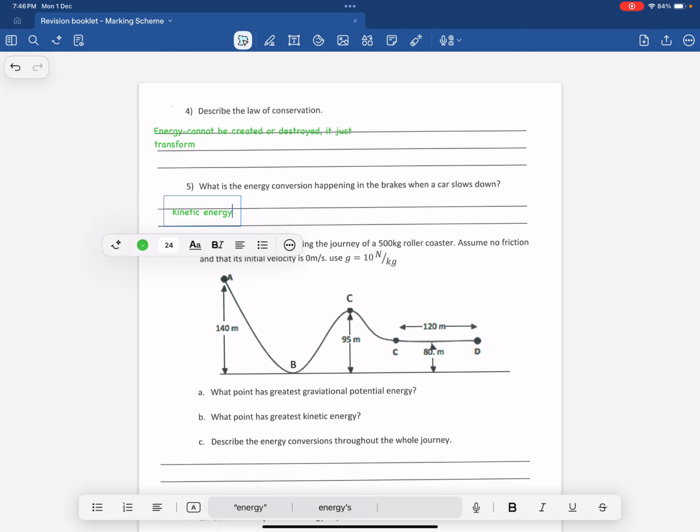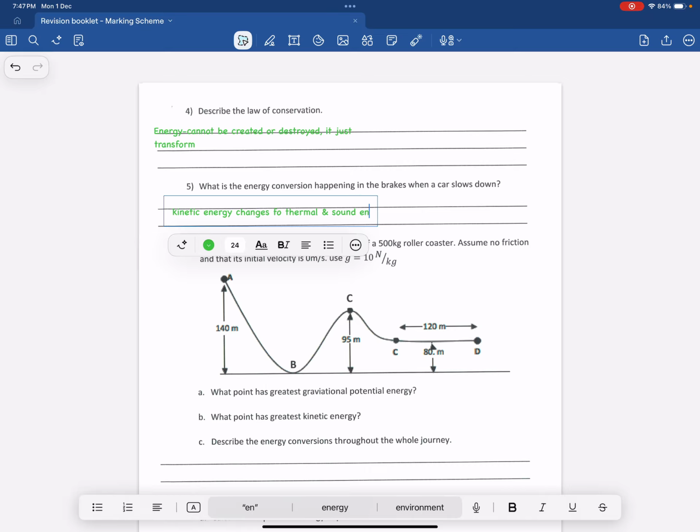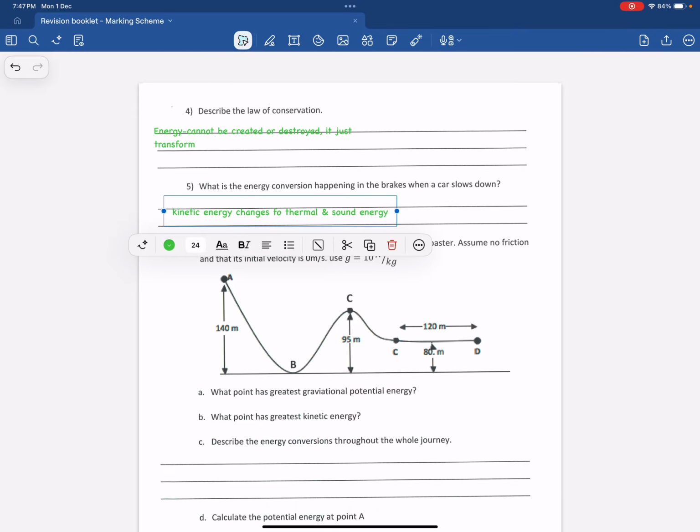Of course, because it's using the friction to slow down, kinetic energy changes to thermal, and sound as well. Sound energy. All right, so that should be the answer for this one.